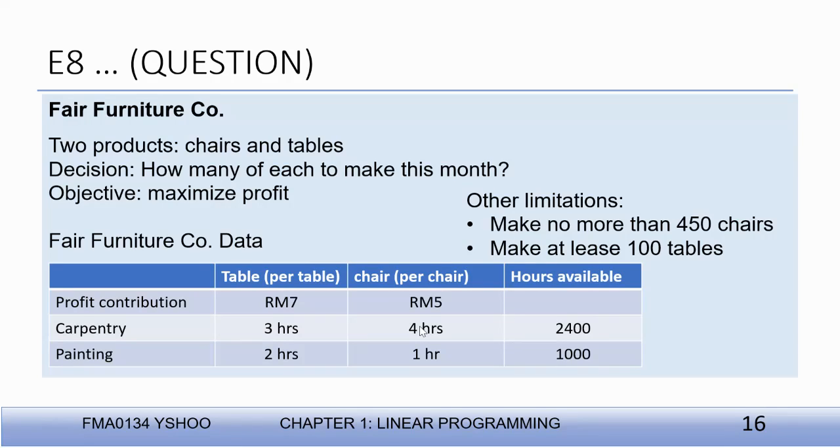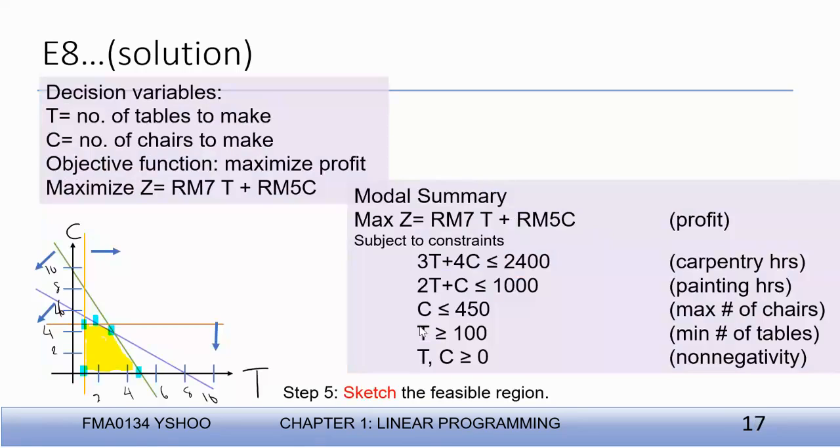at least 100 tables. Okay, so first thing is we need to identify our decision variables. You can use x1, x2, but here I choose T to stand for tables and C to stand for chairs, the numbers of tables and chairs you have to make.